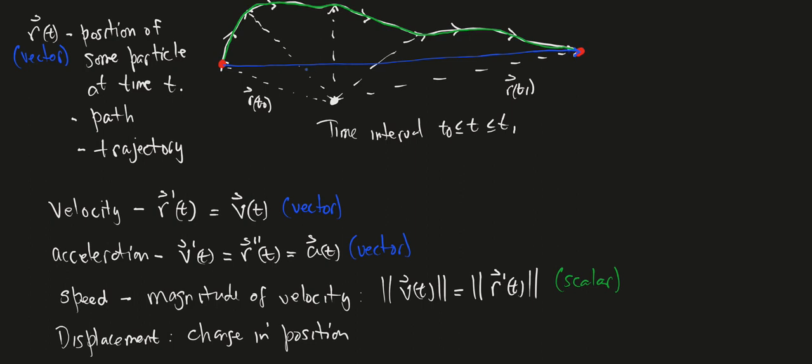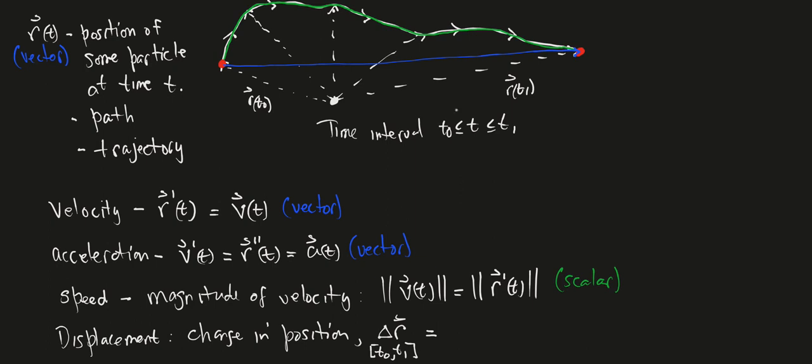What's the change? And that's displacement. So since it's a change, we're going to use our delta notation, uppercase delta. Well, what is changing? The position, right? So it's the change in our position vector. And then to indicate the time interval that's being considered, we can put the interval at the bottom there. So this is the change in the position of the particle over the interval t0 to t1, right?